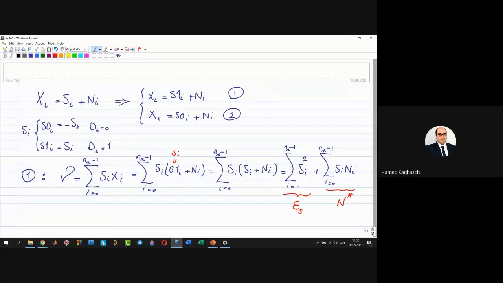What does it mean? It means that if I have 1 at the output of the source, at the output of the processor I will have the energy of the signal plus N star. And N star can be defined as Si Ni.